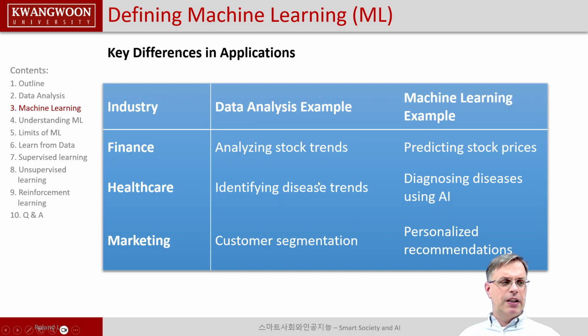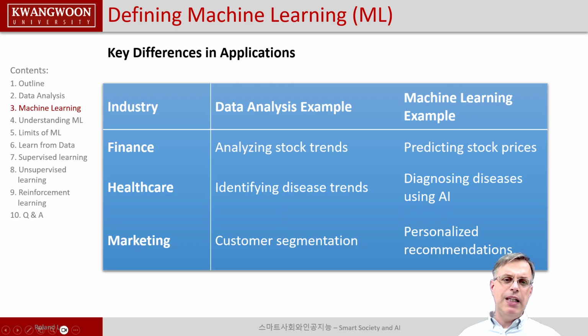Healthcare is about identifying disease trends through data analysis, and machine learning helps diagnose diseases. And then marketing, in the case of data analysis, is about customer segmentation, and then we also have personalized recommendations through machine learning.